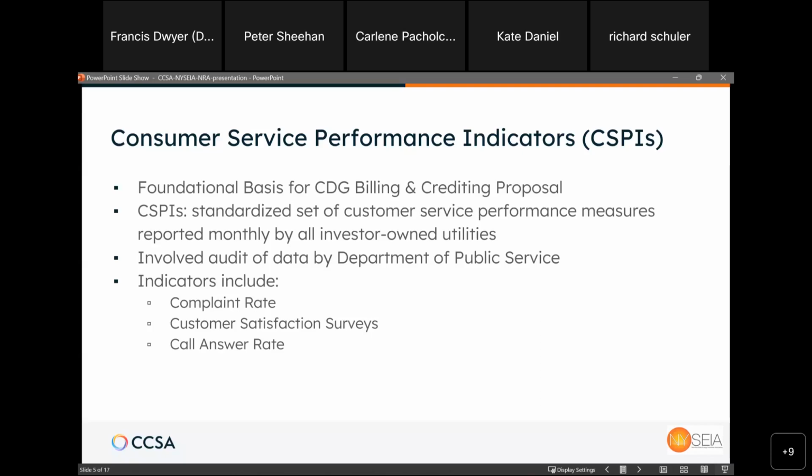A key piece here is that it requires a level of data and involves an audit by the Department of Public Service in order to be able to assess where utilities are in these metrics. It includes indicators such as complaint rates, results of customer satisfaction surveys, and call answer rates, which really translates directly to a number of elements within the CDG billing and crediting world.